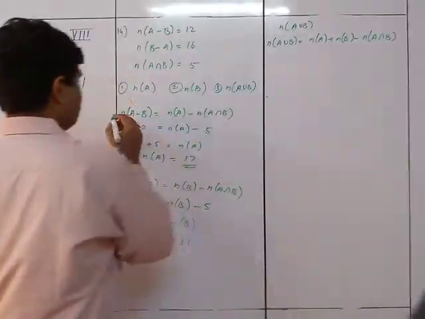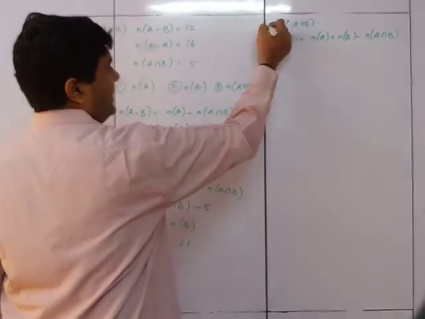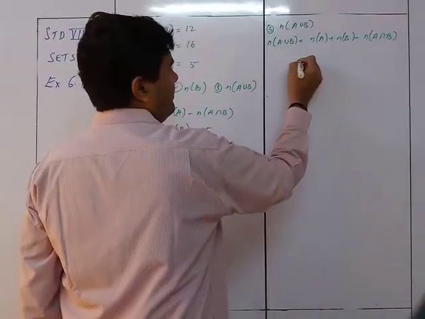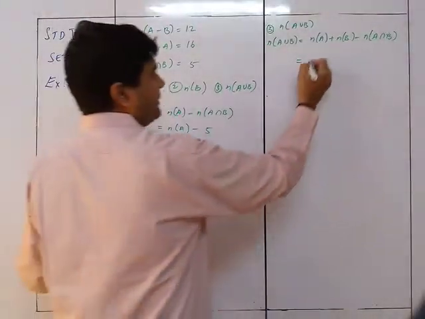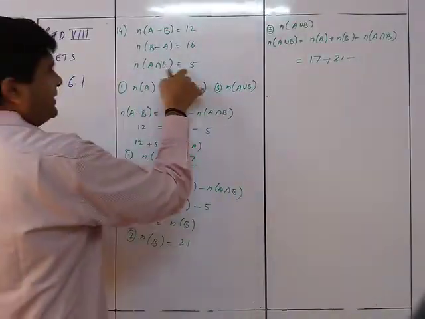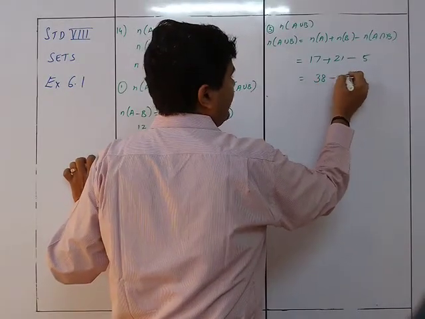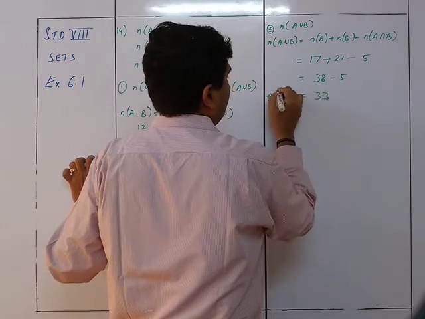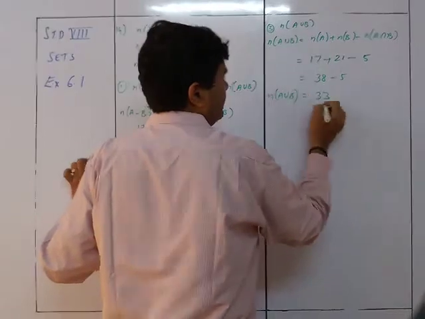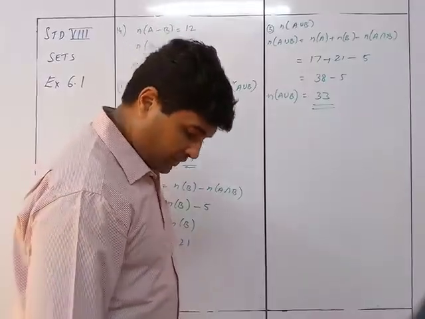So n(A union B) is n(A) plus n(B) minus n(A intersection B). n(A) we just found out to be 17, n(B) we found out to be 21, and n(A intersection B) is 5. So that's 38 minus 5, it's 33. So n(A union B) is equal to 33. That was sum number 14.